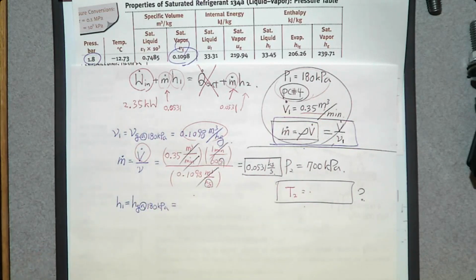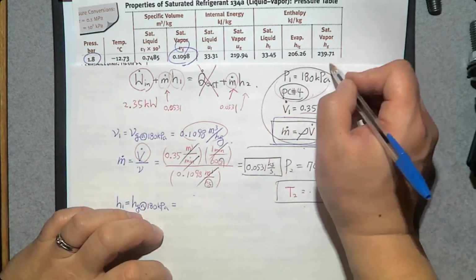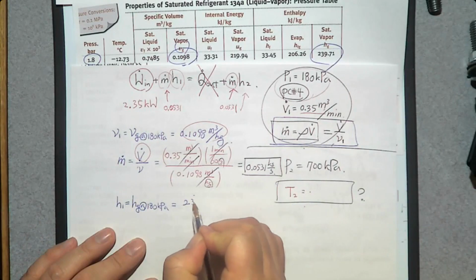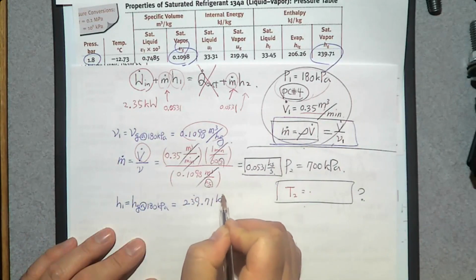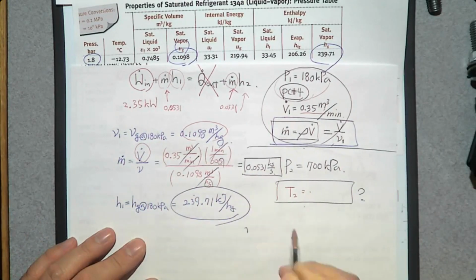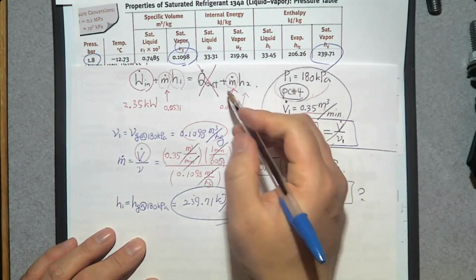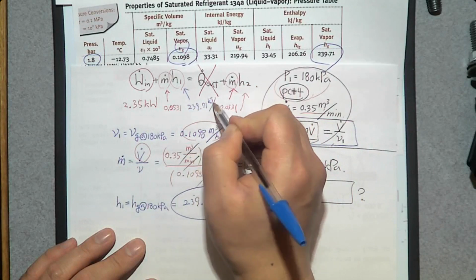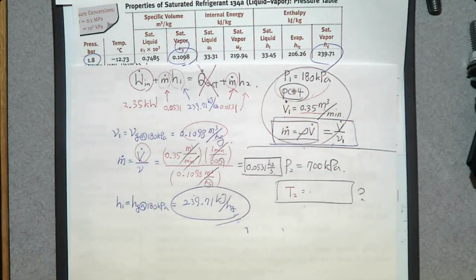Where can you find it? From this pressure table. Where is Hg? Here is Hg. The value we are looking for is 239.71 kilojoule per kilogram. So now we put this number back into this equation. Now we have everything but H2.